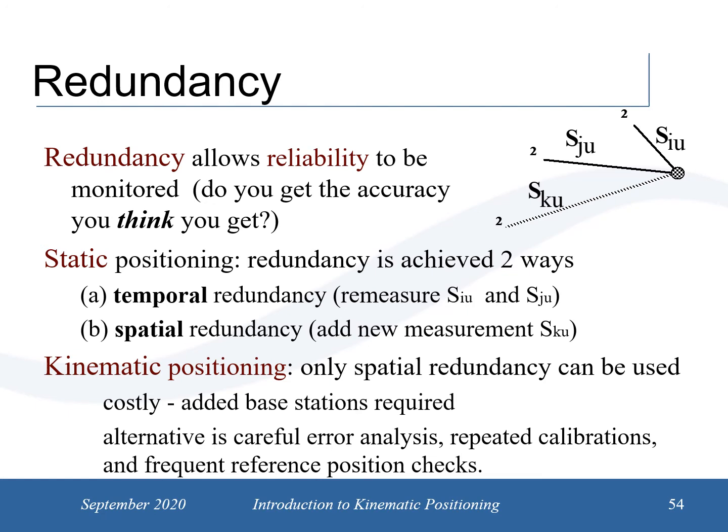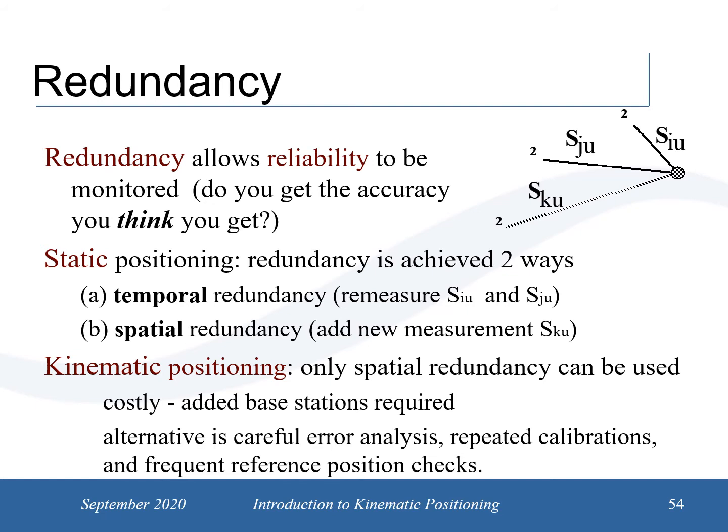In static positioning, we can obtain redundancy in two different ways. There is a temporal redundancy and there is a spatial redundancy. The temporal redundancy is when we measure over and over again. The spatial redundancy is when we add new measurements.